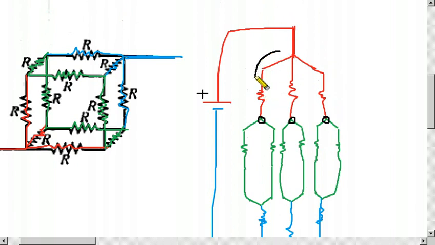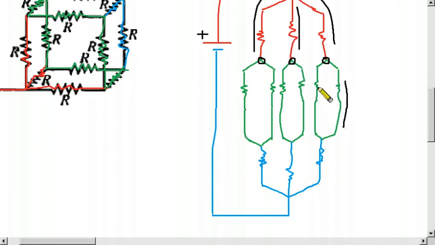Already we have followed one resistor, and this one also has already followed one resistor, and this one also has come through one resistor. It has to go through these 2 resistors and this one resistor, and the one coming along this line also has to go along these 2 resistors and through this one resistor, and the one coming along this line has to go through this resistor and through this resistor.